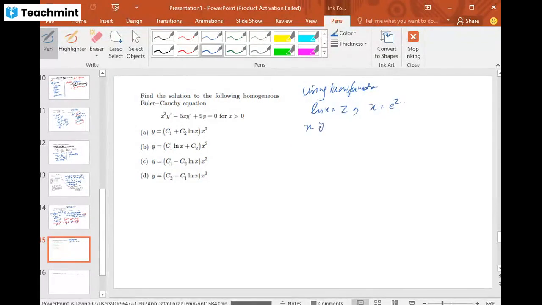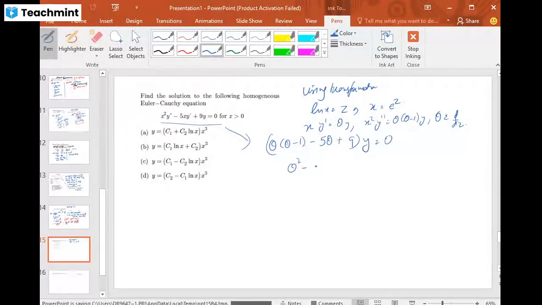So x y dash is theta y, x square y double dash is equal to theta into theta minus 1 y, where theta stands for d by dz. So your equation now reduces to theta into theta minus 1 minus 5 theta plus 9 times y equal to 0. It is theta square minus 6 theta plus 9 into y equal to 0.